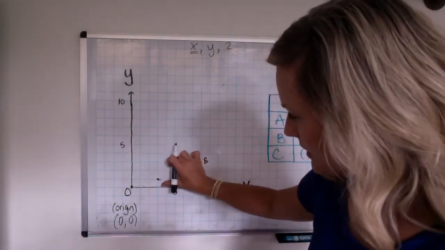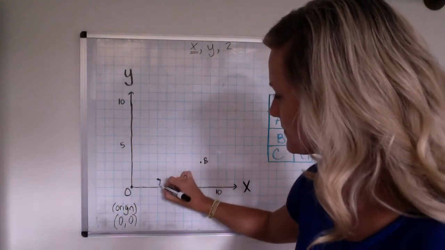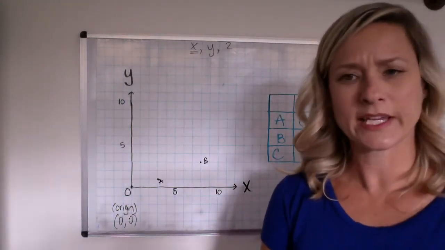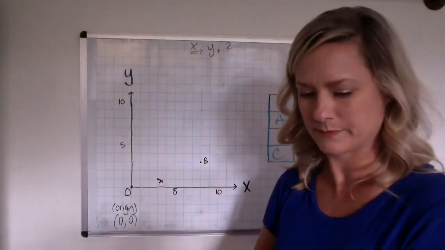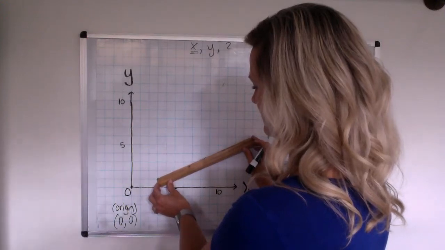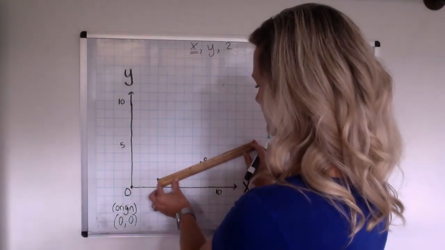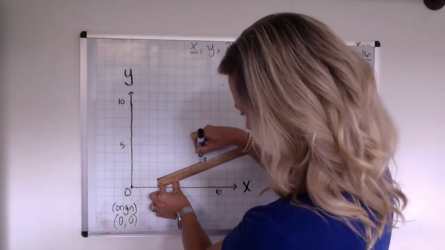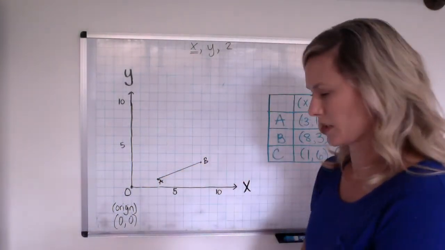All right, check this out. I'm going to move my A a little bit. So let's check this out. We can connect points A and B. Let's do that. All right.